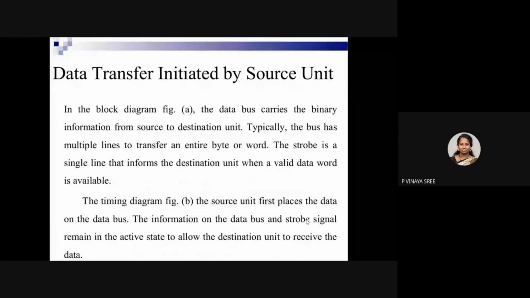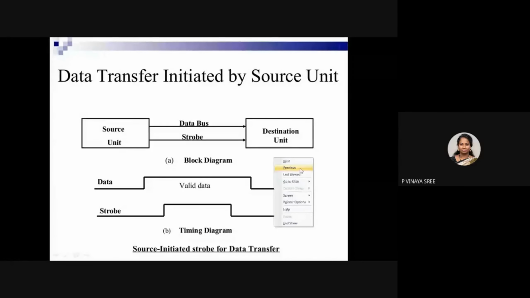So we are in the disadvantages of source initiated strobe data transfer. The disadvantage in this case is that the source will not get any acknowledgement from the destination unit whether the data the source has placed in the database has been received or not.